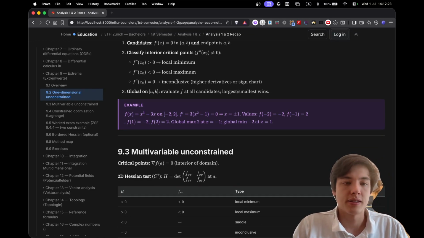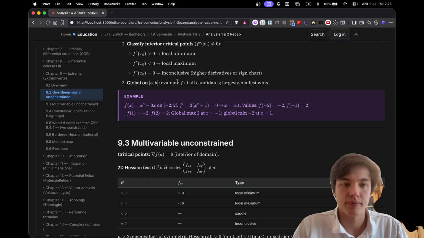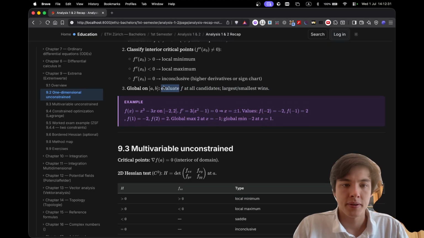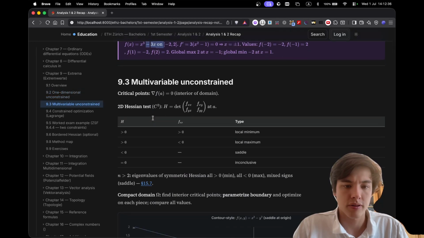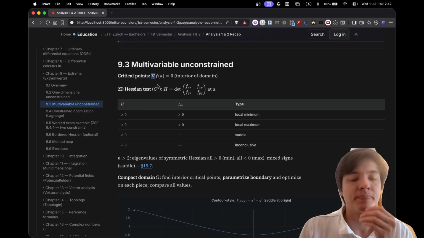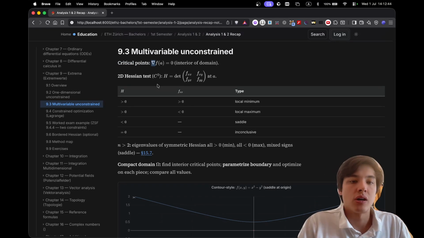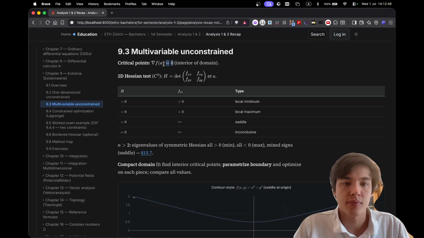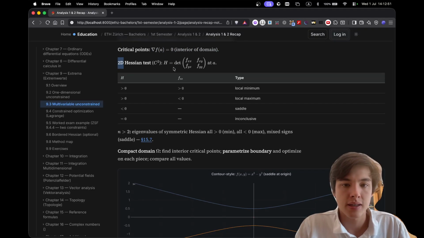And yeah, if it's zero, inconclusive. Well, yeah, there's like easy stuff here. Multivariable, unconstrained. So our critical point, have A is 0, do the Hessian.